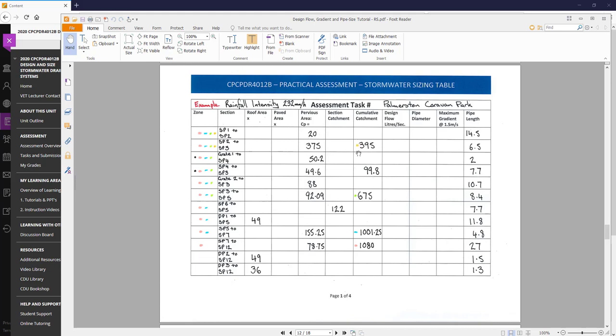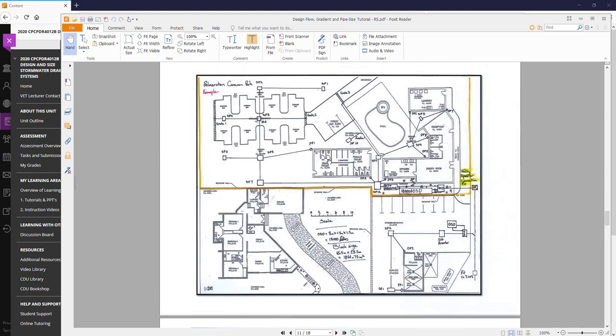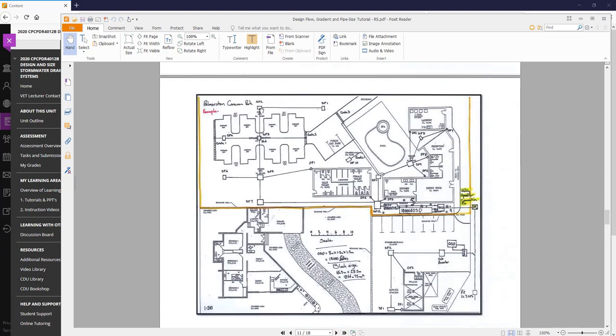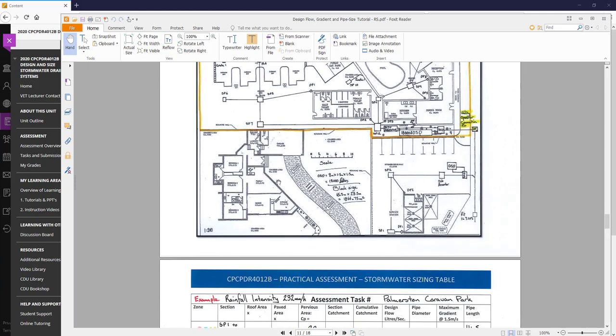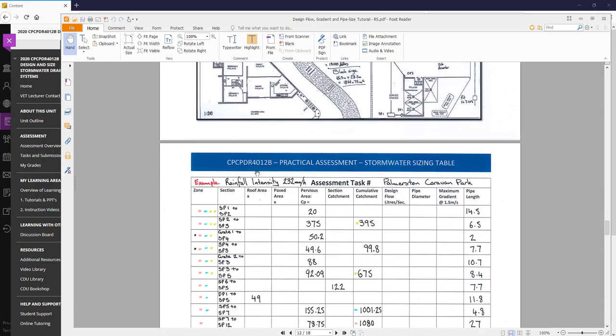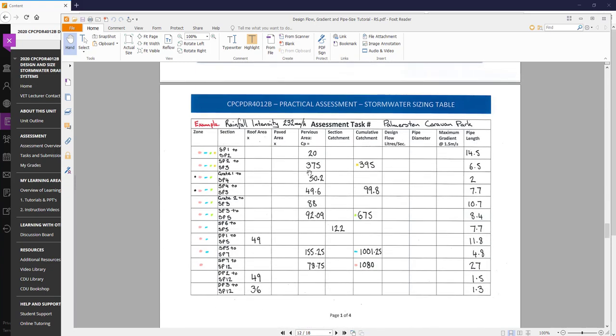That's what gave us the cumulative total of 395. So there's 395 square metres of catchment going into that bit of pipe going from SP2 to SP3, that's this piece of pipe here. That will allow us to go in later. All I've done is gone through and worked out what goes into this section here, and this section here.